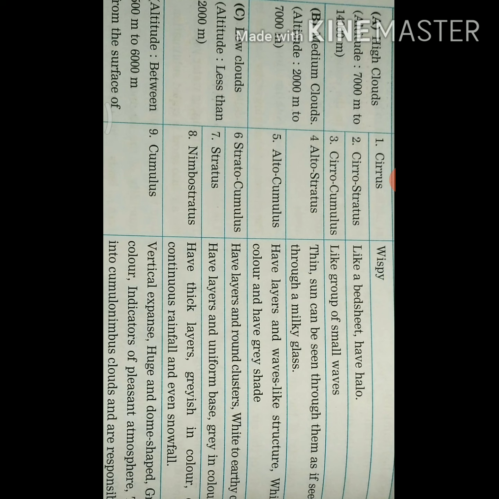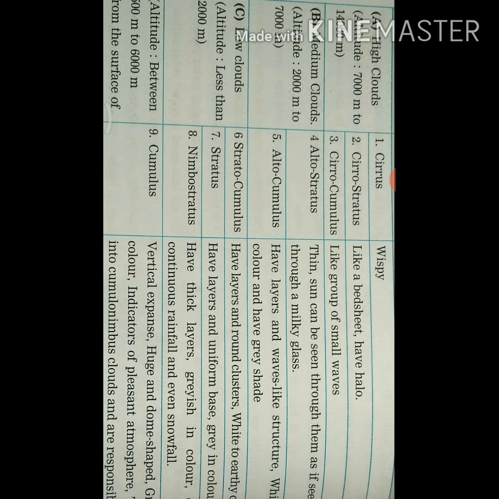Okay. Now the fourth one, the altitude between 500 meters to 6000 meters from the surface of the earth. The cumulus clouds. The vertical expanse, huge and dome shaped, gray in color, indicators of pleasant atmosphere, turns into cumulonimbus clouds and are responsible for precipitation.